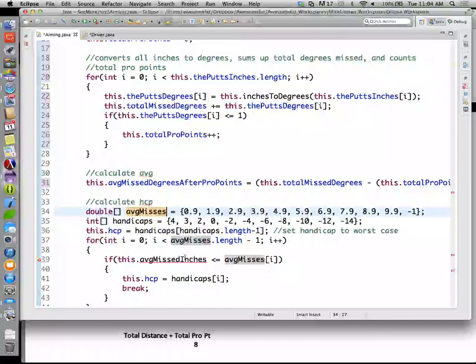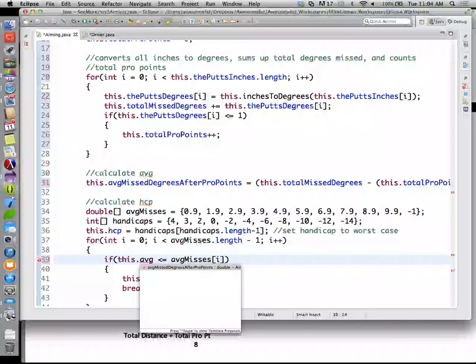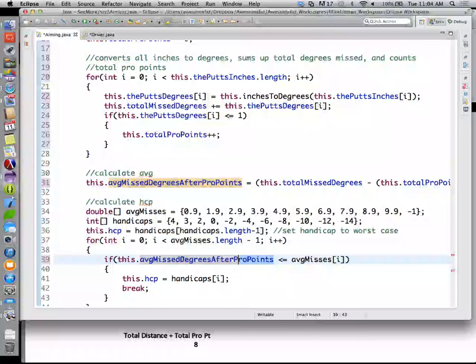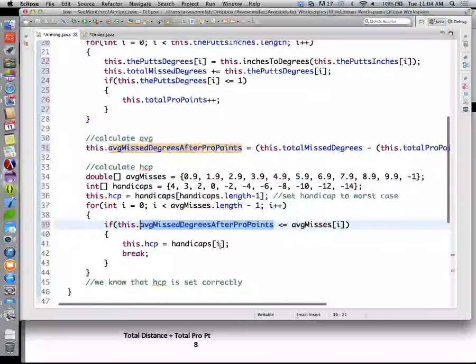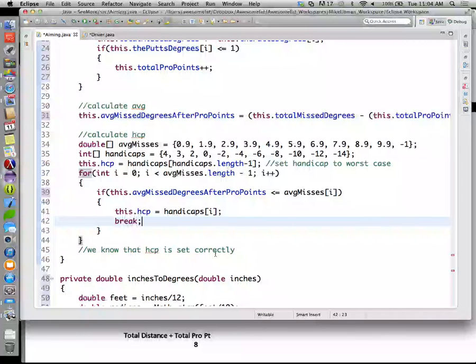So this is average missed degrees after pro points. If that's less than the 0.9, then we'll return a 4. Otherwise, if it's less than 1.9, we'll return a 3, and so on and so forth. So at this point, we know the handicap is set correctly.